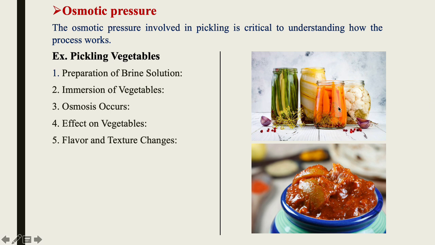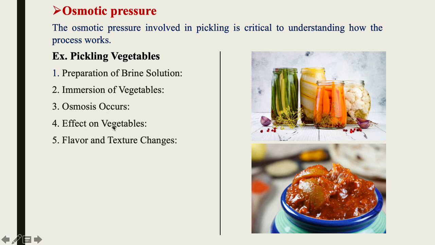Whatever the water inside the cucumber, carrot, or cauliflower, it will go into the brine phase. That's how the brine solution, through the cell membrane, equalizes the solute concentration on both sides of the membrane. That's how osmosis occurs.